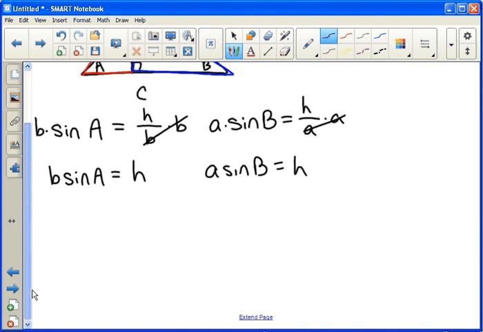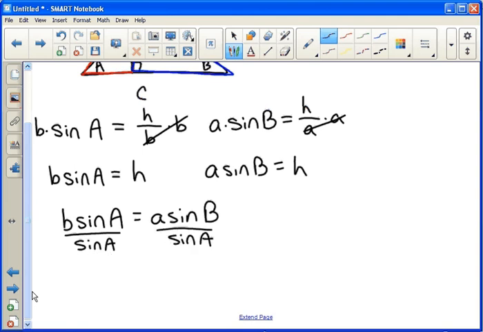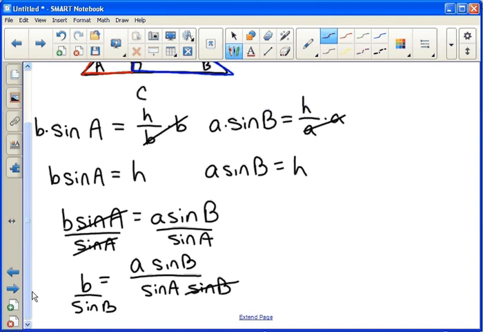So we'll say B sine of A equals A sine of B. And then if I divide both sides by sine of A, I get B equals A sine of B over sine of A. And then divide both sides by sine of B, you get B over sine B equals A over sine A.